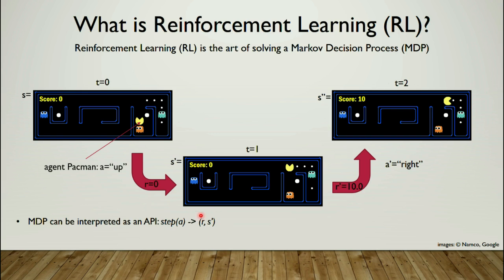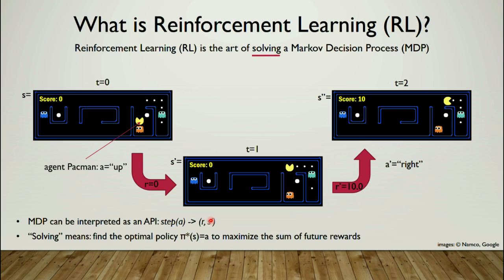You call this step method over and over again, each time giving it an action that you would like to execute, and as a return value you will receive a reward and a next state observation. So every problem that you can possibly think of that fits this API, that you can squeeze into this formalism, is a Markov decision process and can hence be solved using reinforcement learning.